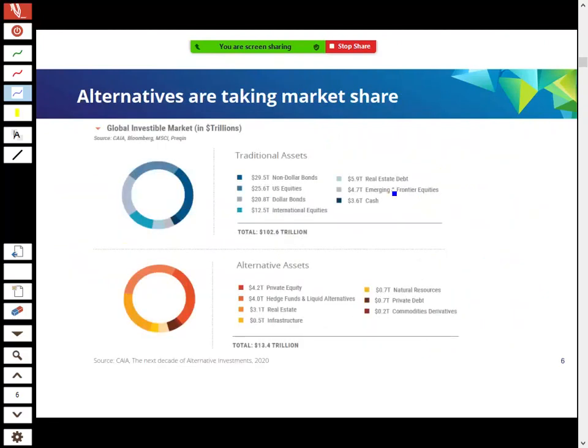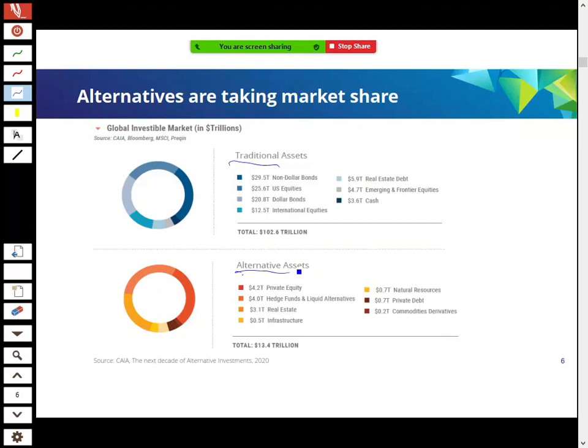And here is the breakdown. When we say the global investment universe, or the global investable markets, you see the traditional assets here and also the alternative assets here. I think this data refers to a couple of years ago, but anyway, I think the proportions are still the same nowadays.